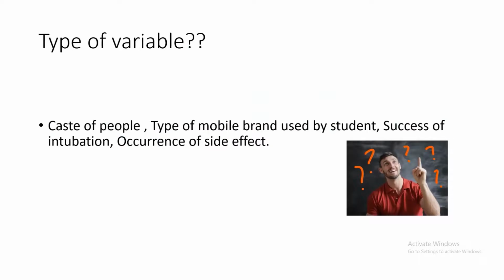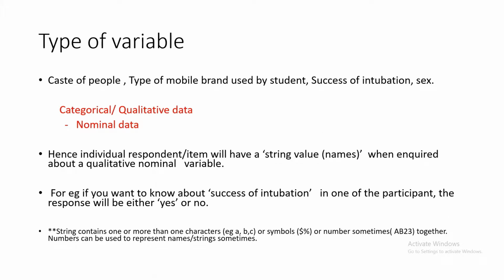So again, looking at the other type of data, the listener may pause their video for some time and think. So type of mobile brand used by students, success of intubation, occurrence of side effect. This is a categorical data, and this is a nominal data.